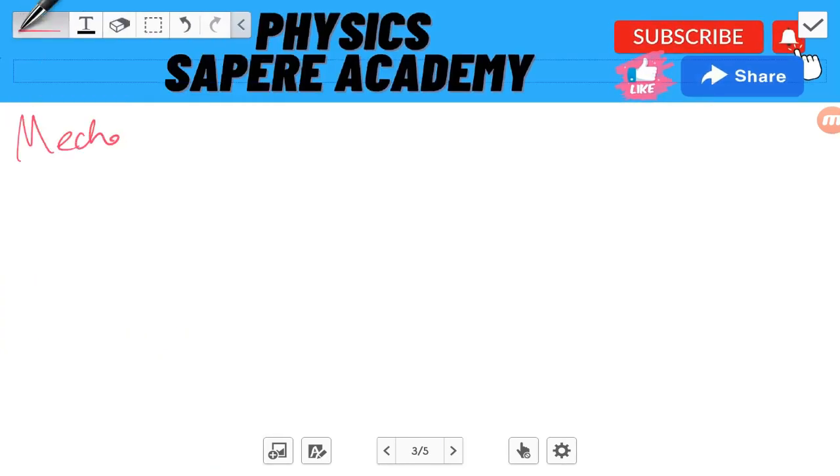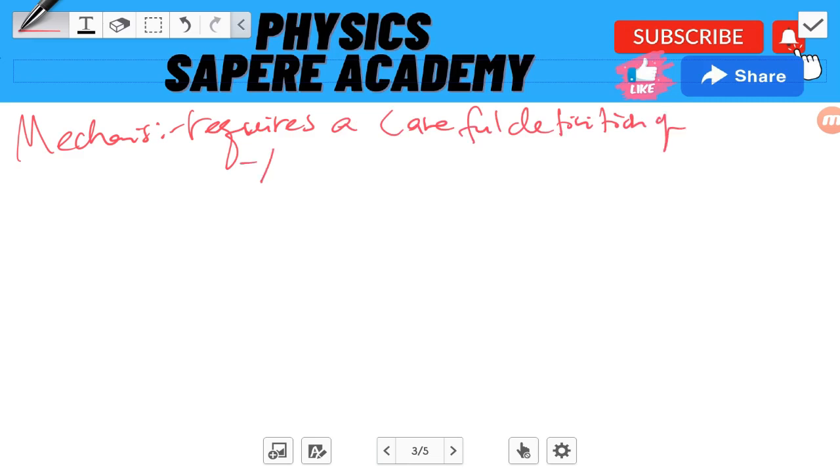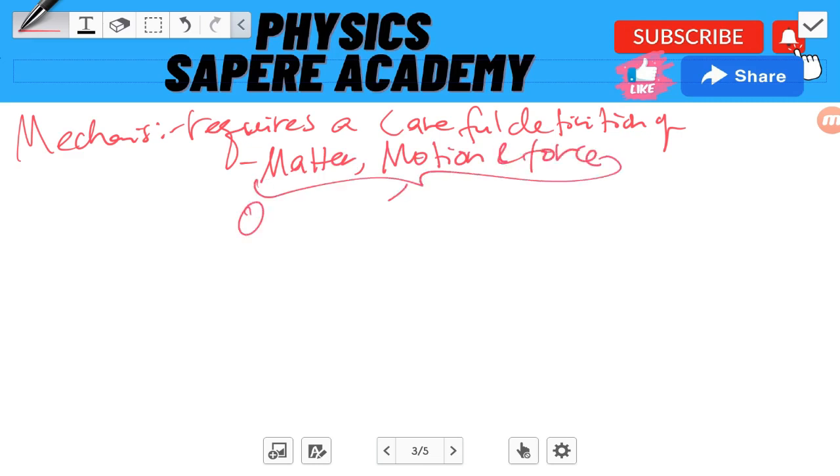We know that mechanics requires a very careful definition of matter, motion and force. Now, once we have these three carefully defined, we can describe a quantitative approach for mechanics.